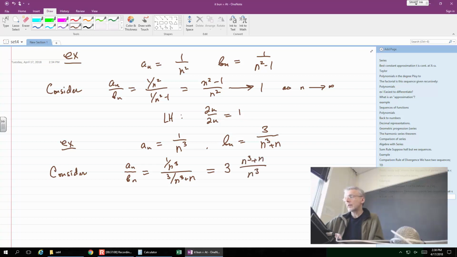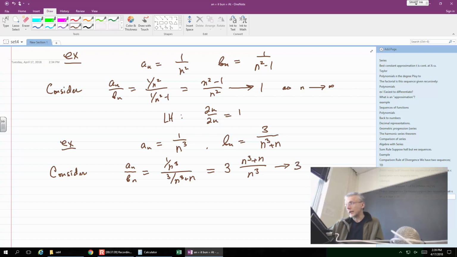And once again, at this point the methods from calculus apply. It's pretty much up to you to choose the right one. In this particular case, what's the limit? So once again, L'Hopital's rule, powers, anything really.